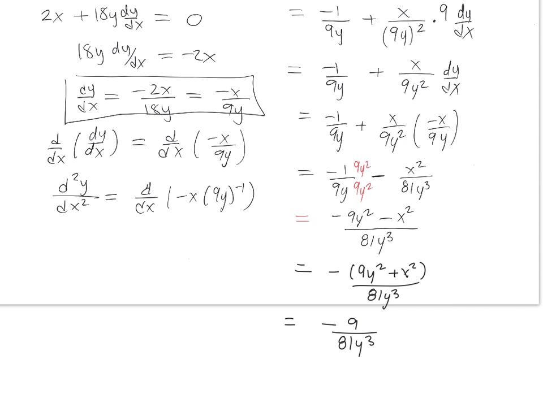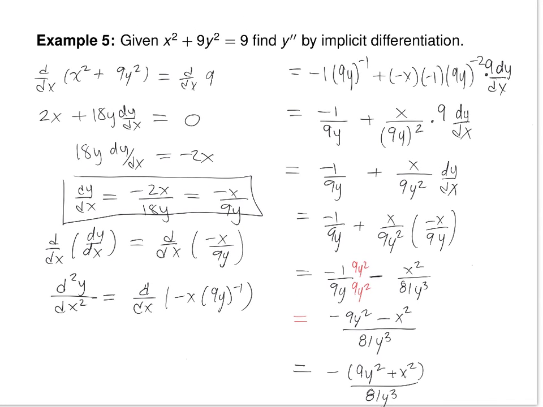How the heck can I just say that 9y squared plus x squared is 9? Because x squared plus y squared equals 1. Look at the equation you were given in the first place. Look at the equation you took the derivative of. You see? You were told that that stuff equaled 9, right?